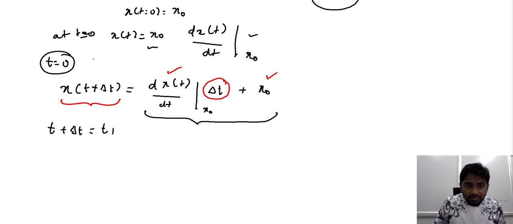So at t0 we have the initial condition, and now we have been able to find out the number of nuclei that is going to be present at t1.